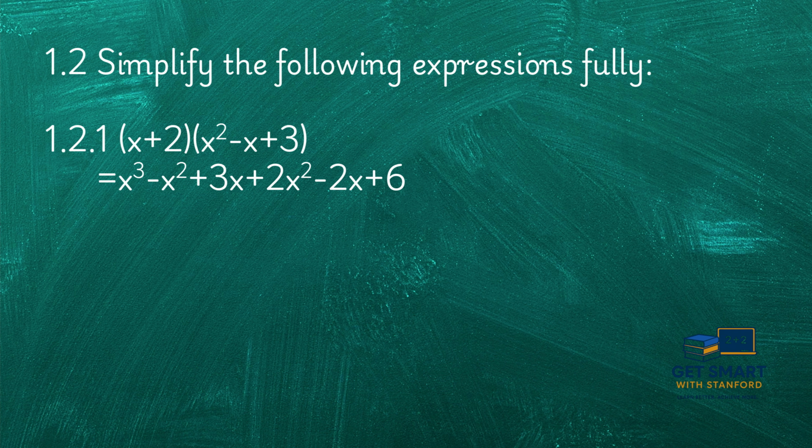After that, we will also take the second term in the first bracket to multiply all the terms in the second bracket. After that, we just group the like terms to subtract and add where applicable, to reach our final answer of x to the power 3 plus x to the power 2 plus x plus 6.